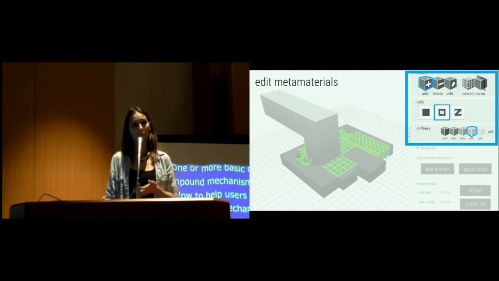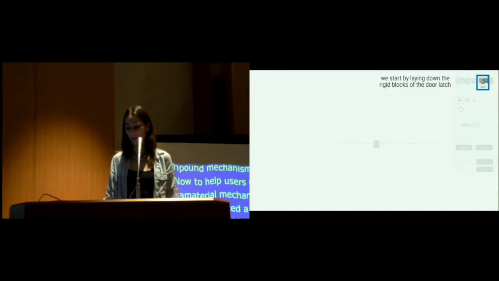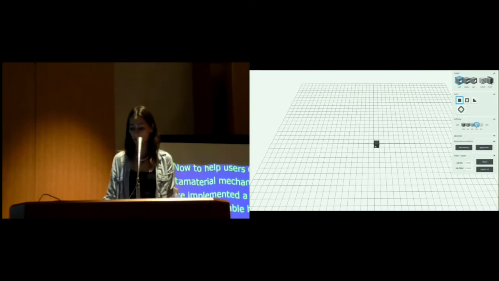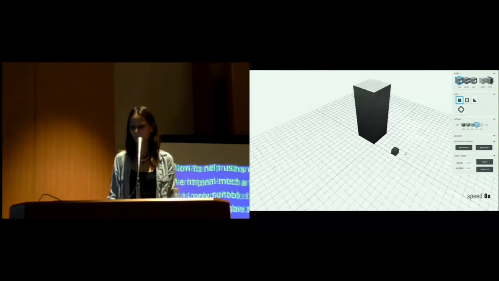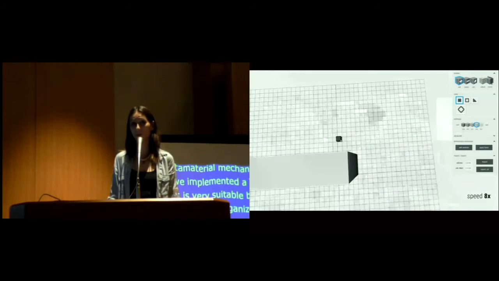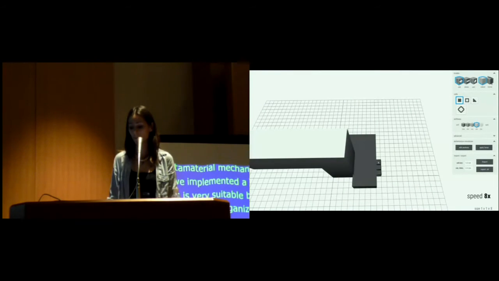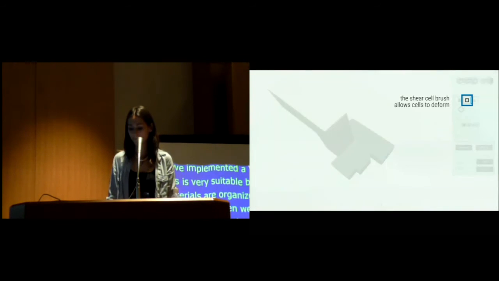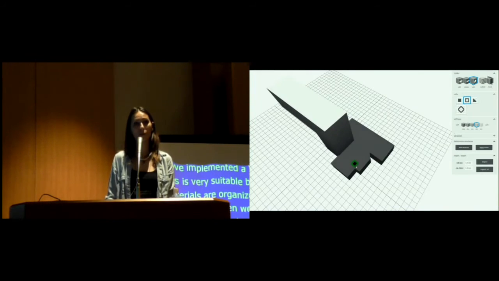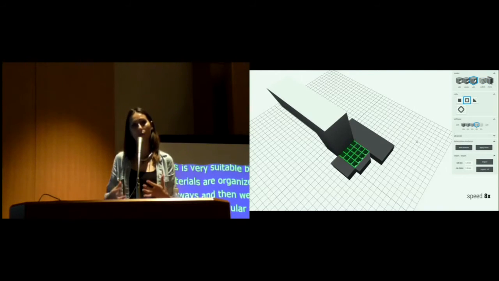So our editor allows for editing metamaterials, like in this example here, where a user just lays down the bulk material of the door latch first, and then uses the shear cell brush to allow the material to deform.